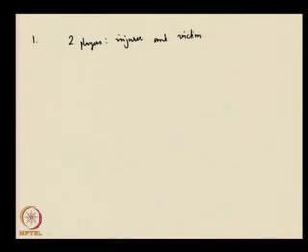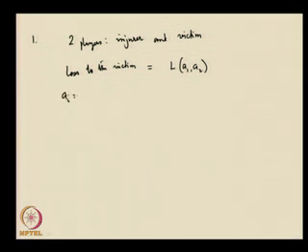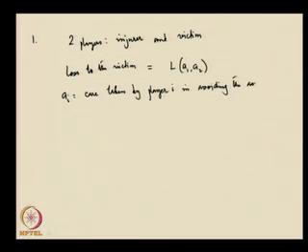The injurer has caused some injury to the victim, and the loss to the victim due to this accident is given by L of A1 and A2, where Ai is the care taken by player i in avoiding the accident. i could be 1, 2, where 1 is the injurer, 2 is the victim.